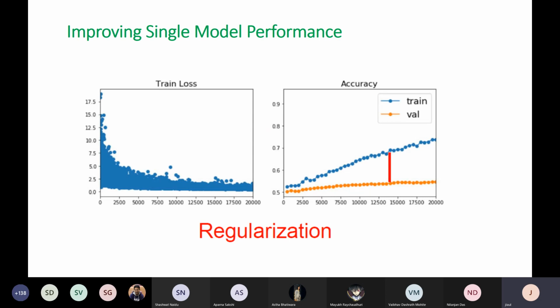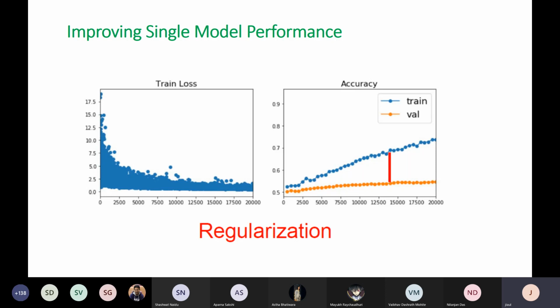The purpose of regularization, at least in this particular slide, is that you want to improve single model performance. Probably you have heard of the cross validation approach of improving the model. In cross validation, you randomly split the data into multiple folds, 10, 20, whatever, and you train your model multiple times.